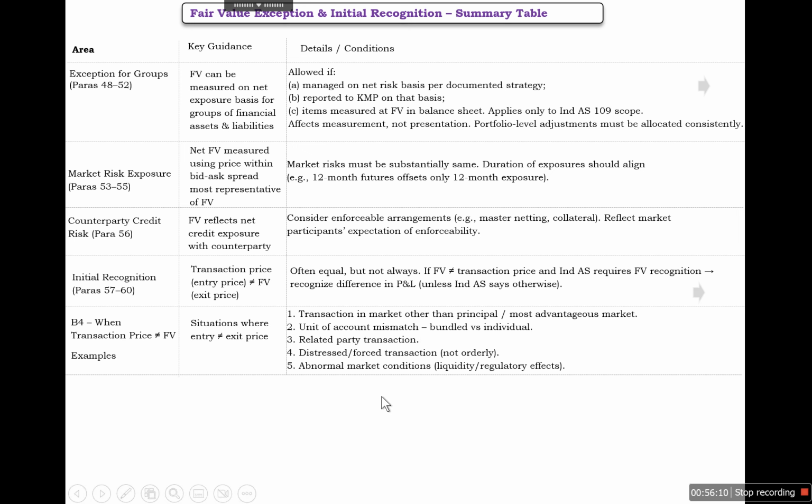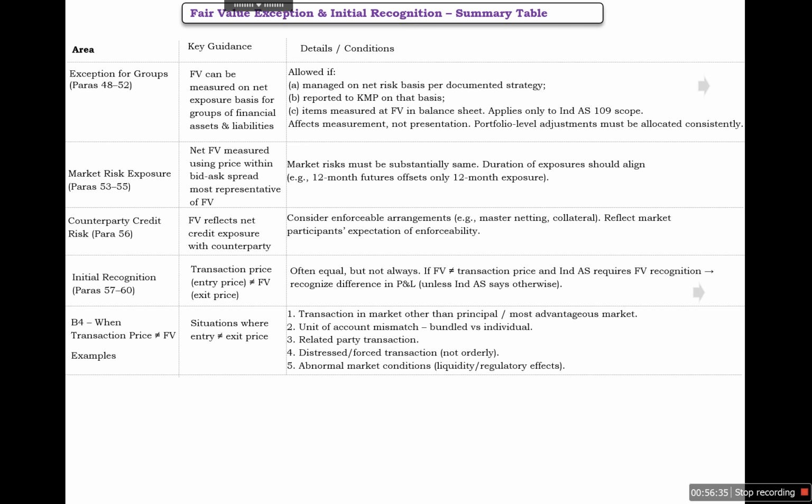So there are some other examples where the transaction price is not equal to the fair exit price. A transaction in a market other than the principal or most advantageous market, or a unit of account mismatch, such as bundled versus individual. A related party transaction cannot be said to be at fair value unless it is proved.